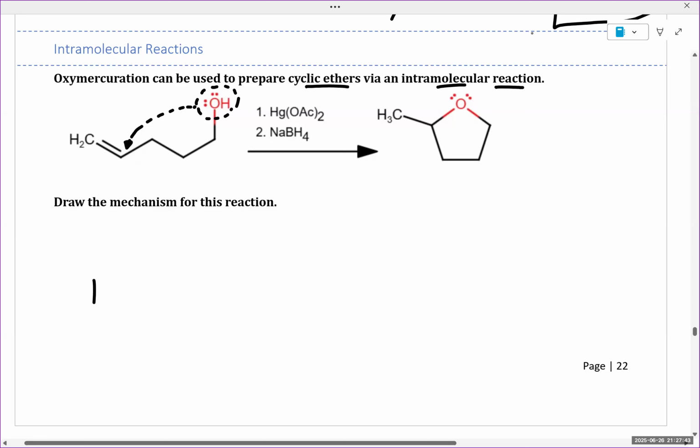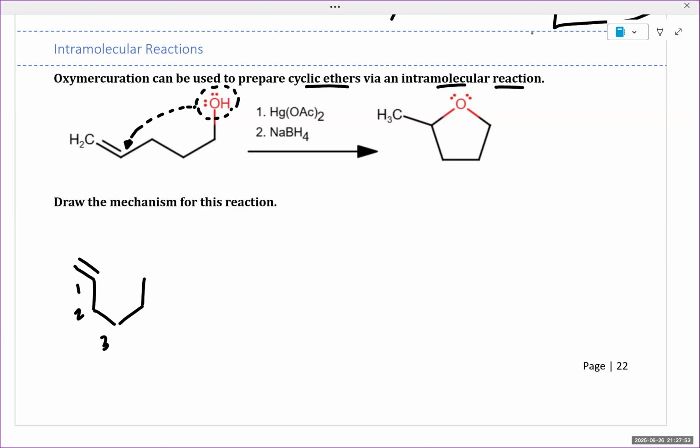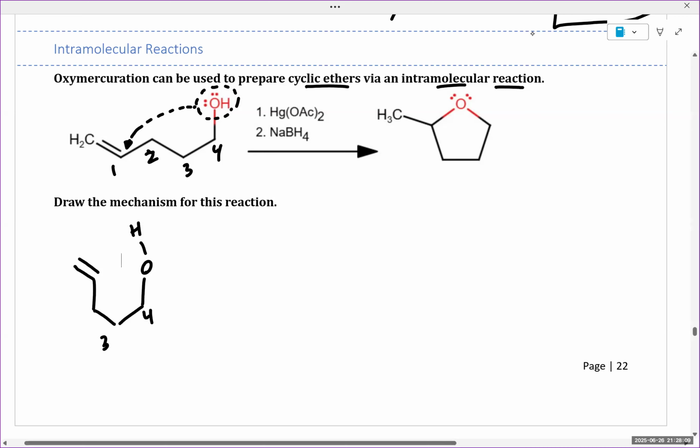So as always, before I do anything, I'm going to draw out my molecule in a way that makes it easier for me to draw out the cyclization step.